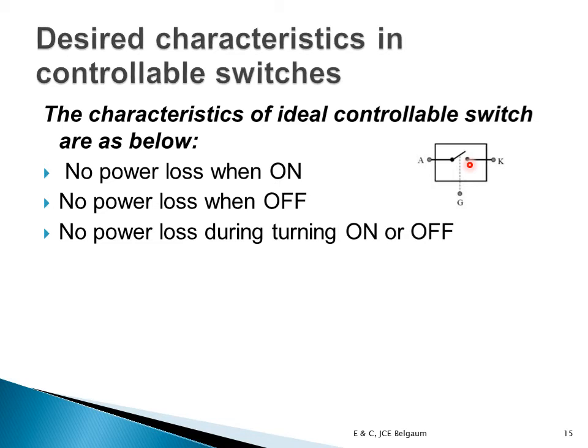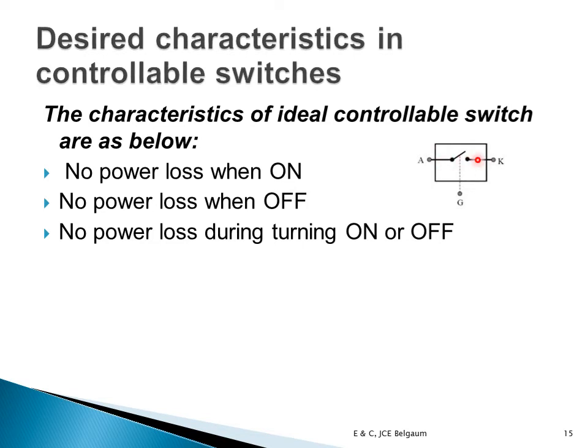There the switch should turn on, and the voltage drop will be the opposite: very small, and the current will be very high. So you can see the switch is undergoing a big change across it. Earlier the voltage was very high, and now suddenly it has to become very low.